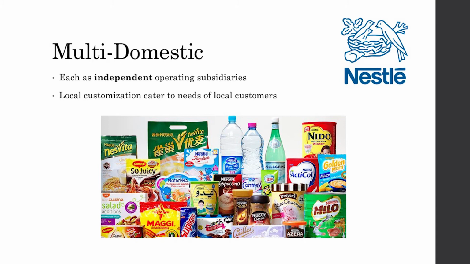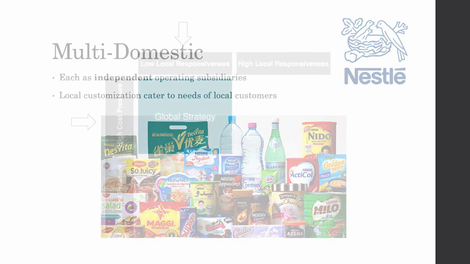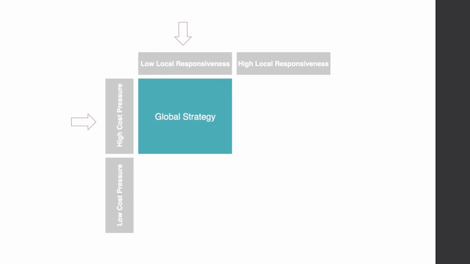For example, Nestle would not sell one of their Chinese brands of cereal in the US or Europe, because the taste of the cereal is entirely customized to meet the standards of Chinese customers, not the US and European customers, and vice versa.